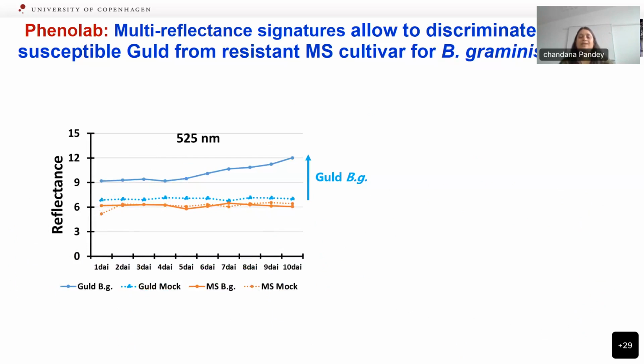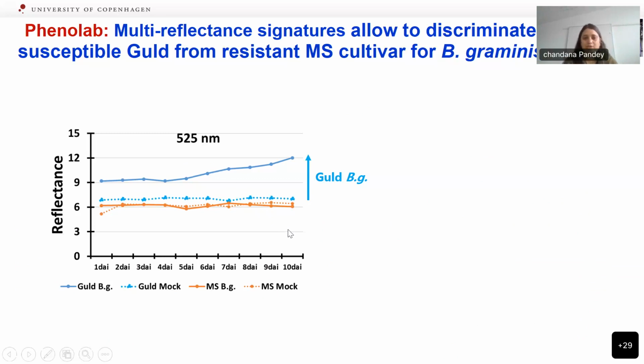Plumeria graminis. That is very rare to see with the eye at the initial phase, 1 day after infection. But when we use the phenolab system, we were able to identify the particular marker, that is 525 nanometer, to see the increase in the reflectance wavelength.